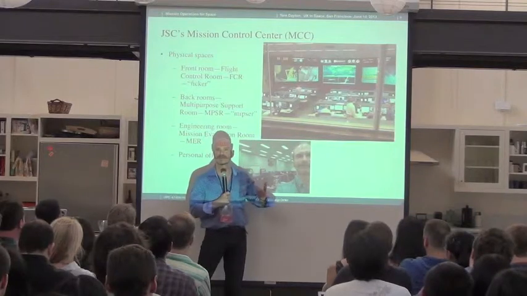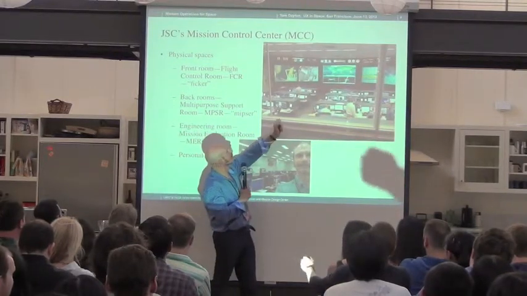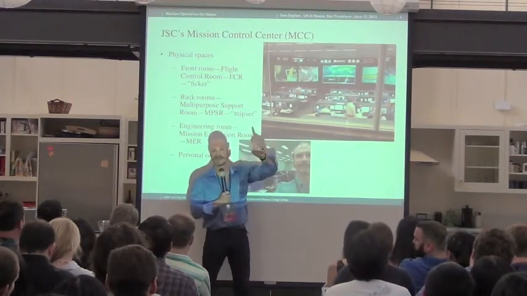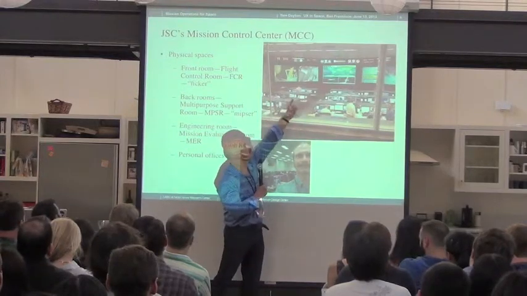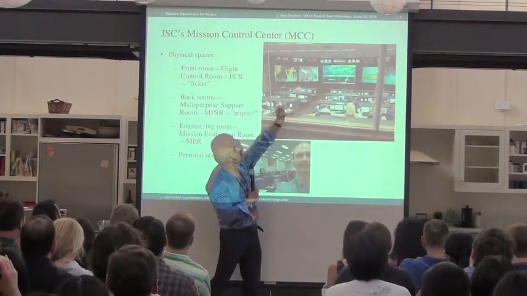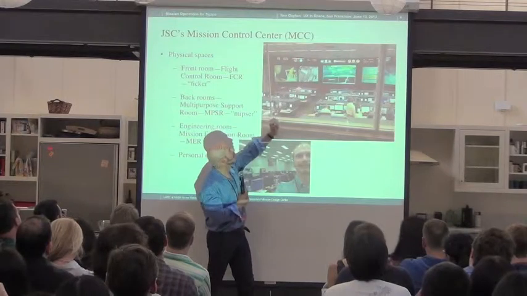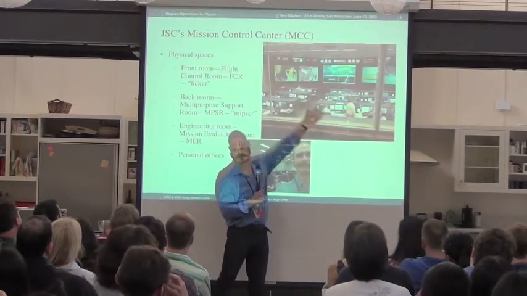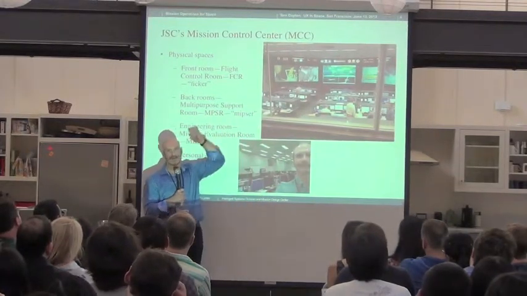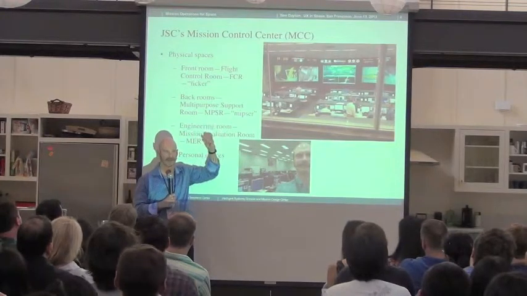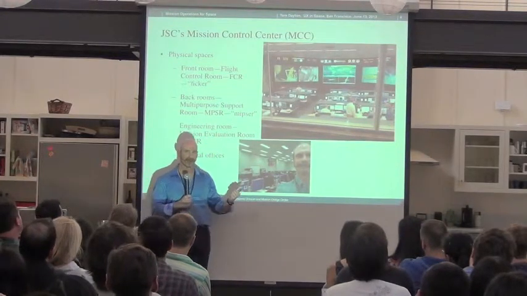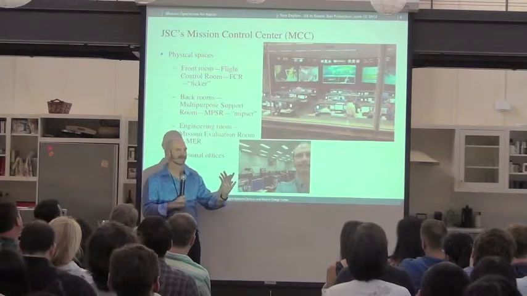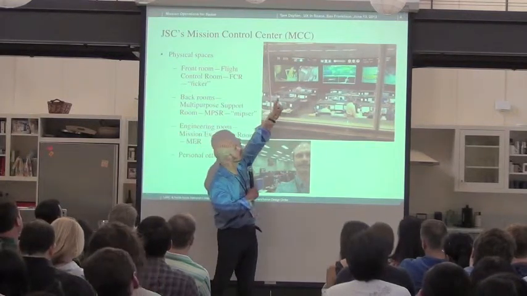So back to the situation of use. Here's some person on this console. They are watching all these screens. They are not usually watching the ones up there, but they are on the voice loops with everybody in this room, plus their own backroom people, and a bunch of other backroom people. And they've got a telephone, and they've got email, and they will stand up occasionally and go over here.